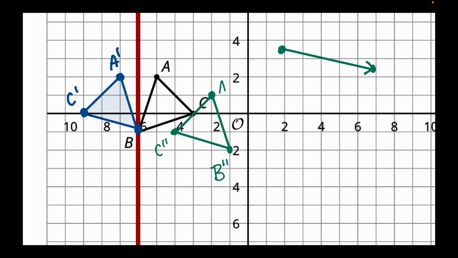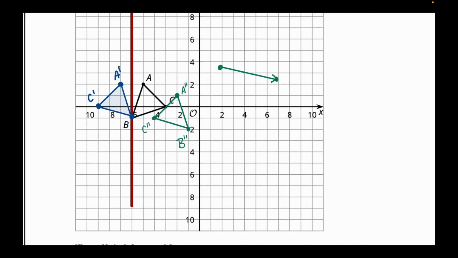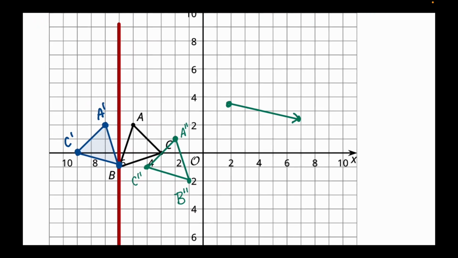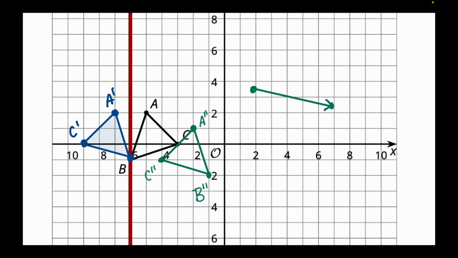Okay, this looks like the right thing. So this should be my newest triangle, and it wanted to know what are the coordinates of the vertices. So I can also double check by picking up my directed line segment here and seeing if my beginning and end line up with each of these pieces, and they do.